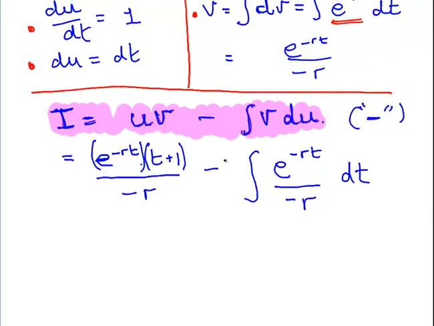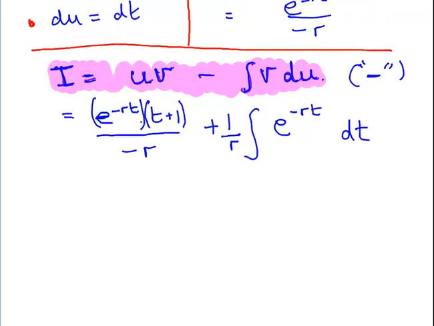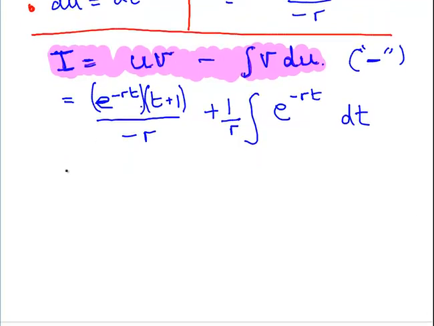What I'm going to do is take out that minus r there, bring it outside the integral, and change the sign there, just to make it a little bit easier to follow. And that's a very straightforward integration.